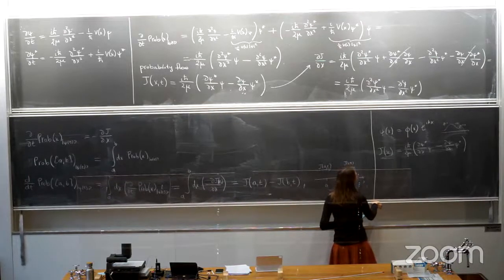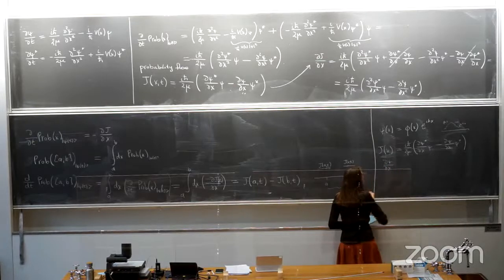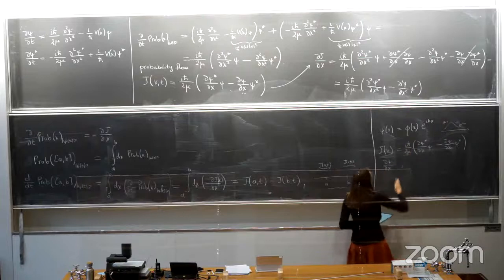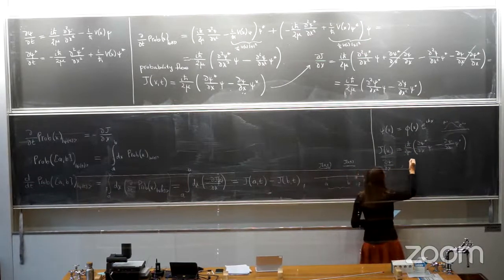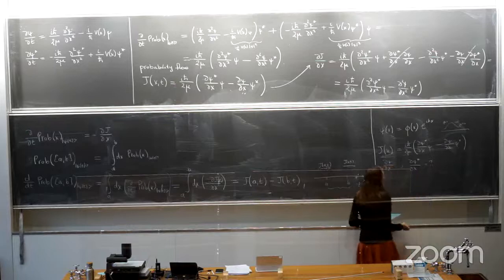So first you just need to find d psi dx by just taking a derivative by parts of this equation, then d psi star dx, just taking a complex conjugate.